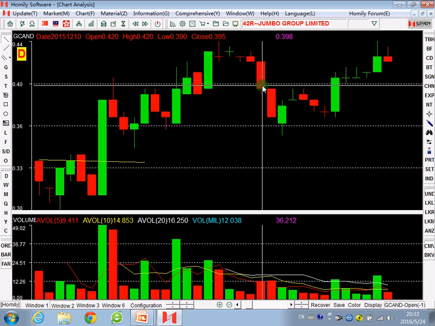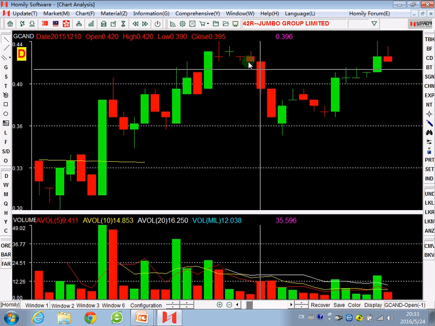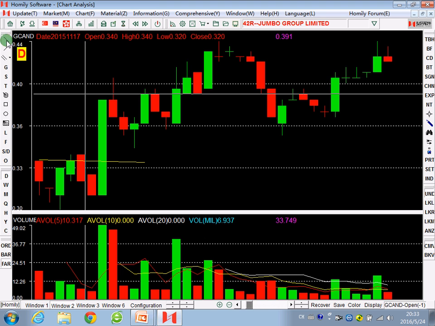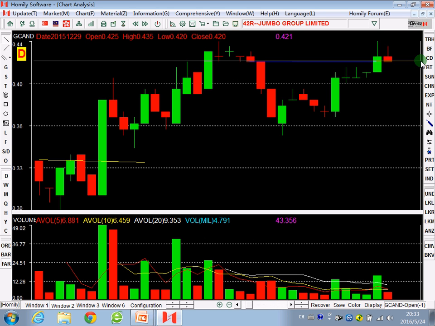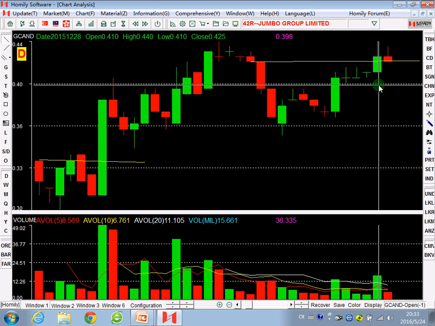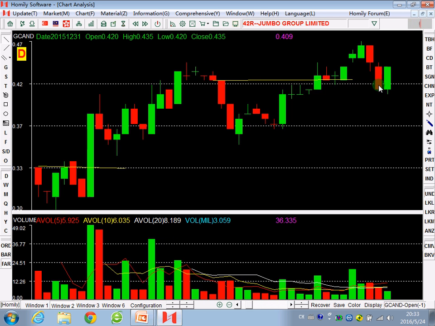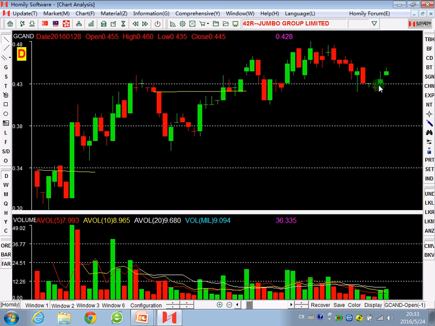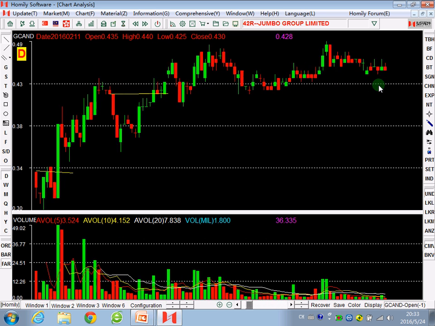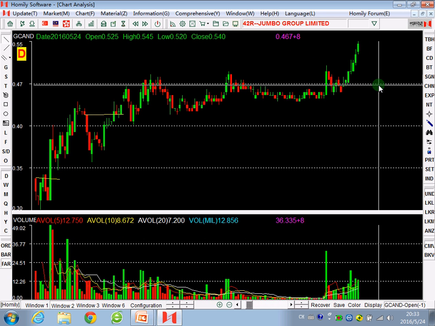Okay, then we can see here. Then the price 1, 2, 3, okay or not? Yes. Then we can draw the line again. This is the next line. After the breakthrough, buy or not? Buy. Okay. Then we can see the next one.